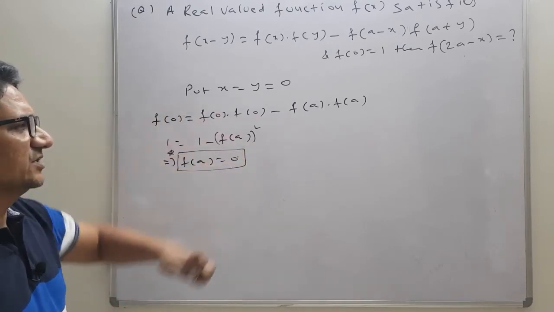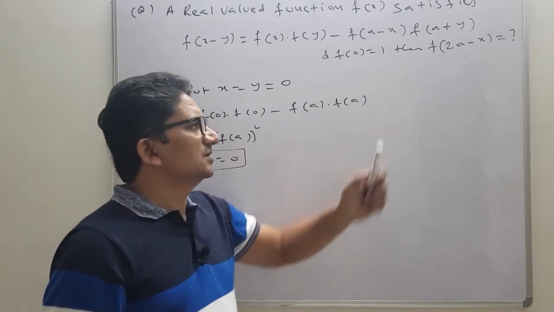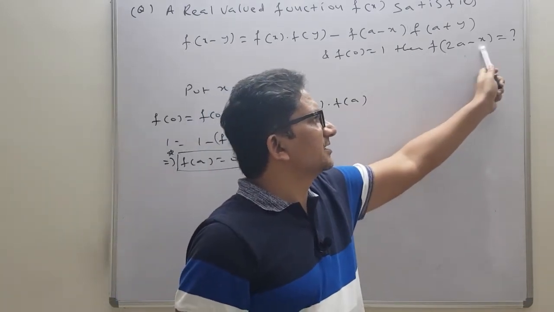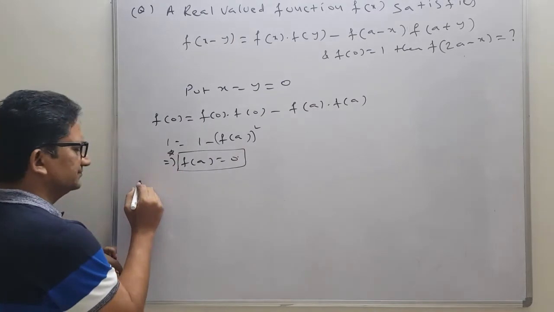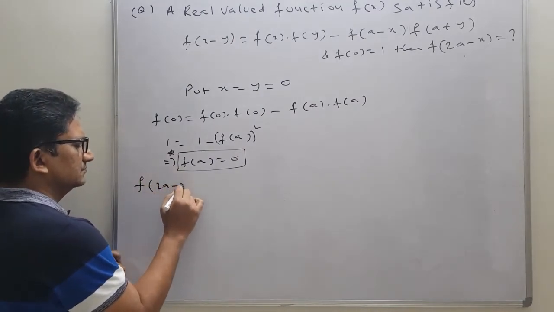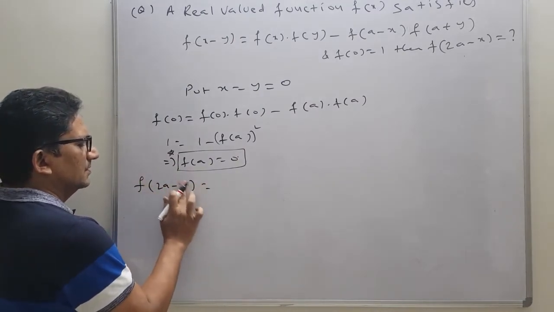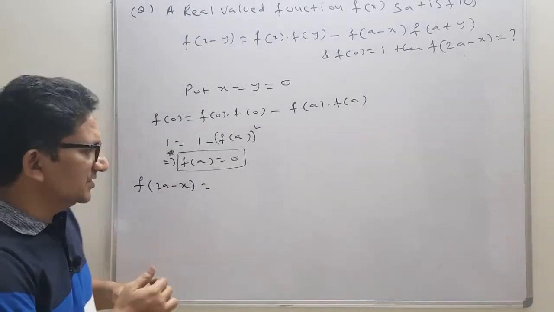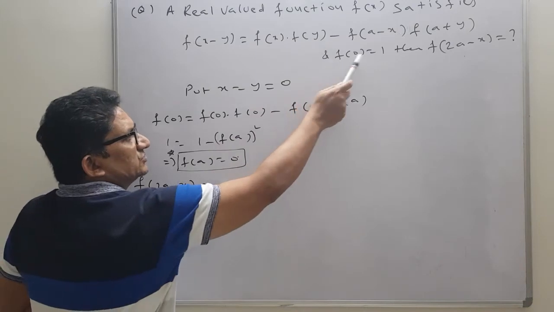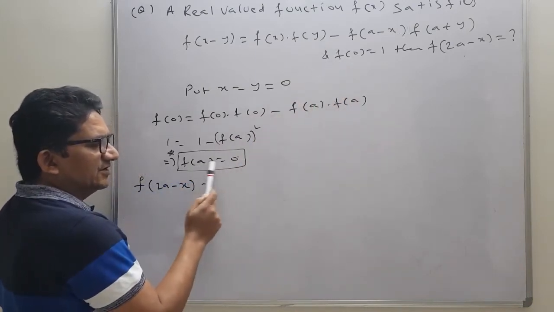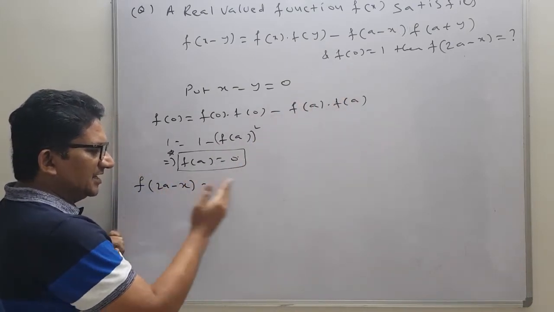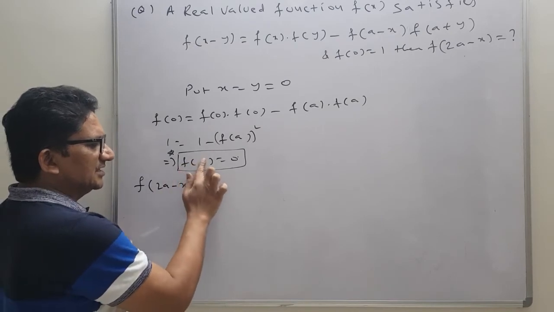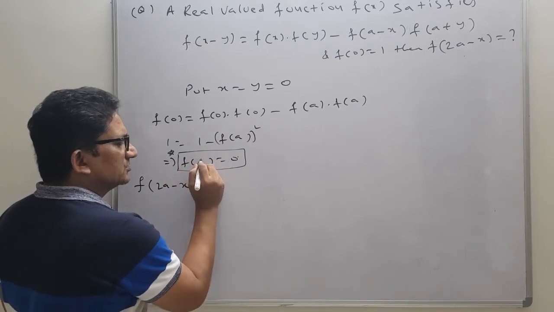Now come back to the requirement. So we want f of 2a minus x. So we want this value. Now we want f of 2a minus x with the help of f of 0 equals to 1 and f of a equals to 0. That means this a should come out to utilize this condition f of a equals to 0.